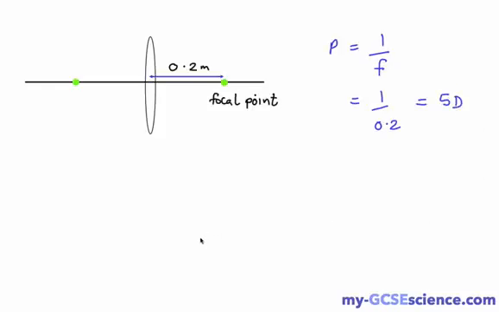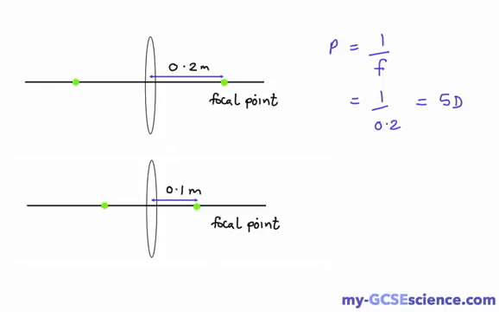If we then took a second example, let's have a lens which has a focal length of 0.1. In this case it would be 1 over 0.1, and that would be 10 diopters. And if you think about it, that actually makes sense. This lens is actually refracting the light rays more. The principal focus is nearer, so we get more refraction, and it makes sense to think about and say actually and work out that the lens power is much greater, more refraction going on.